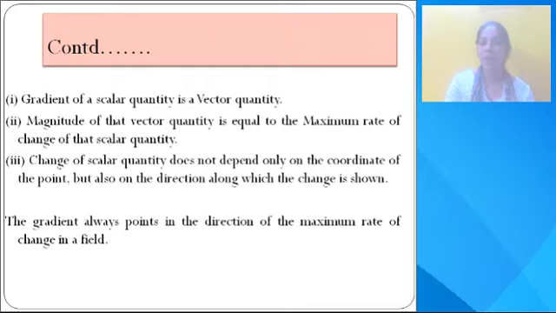The change of a scalar quantity does not depend only on the coordinates of the point, but also on the direction along which the change is shown. So the gradient always points in the direction of maximum rate of change.